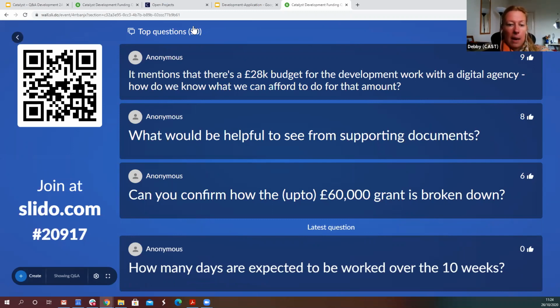The second question is about what would be helpful to see from supporting documents. Oh, thanks for putting that up there, David. I was looking on the screen. What we really want to see from the supporting documents is what journey you've been through in discovery. So we're really looking for: have you done user research?